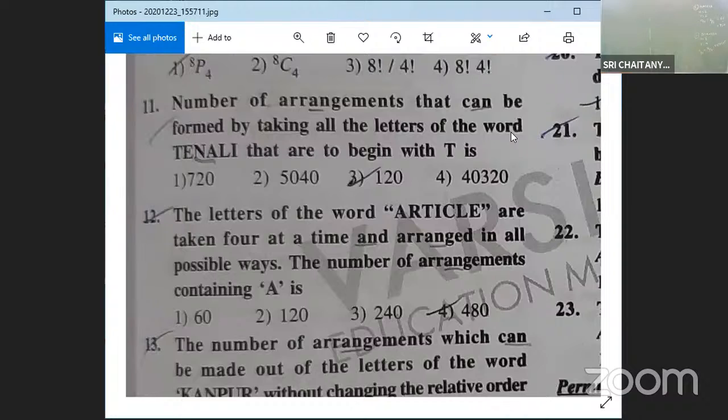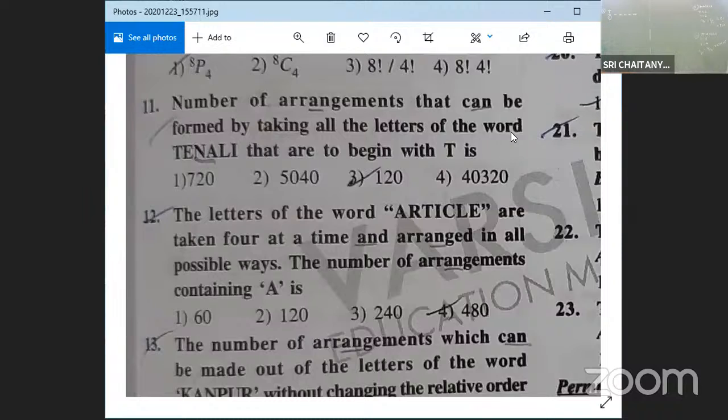Observe that 11th problem on the screen. Number of arrangements that can be formed by taking all the letters of the word TENALI that begin with T. The word should begin with T, means you can fill up this in only one way, right?